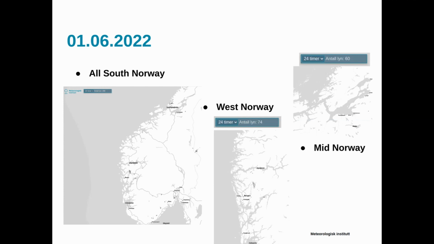So for this large area, I wouldn't say it's a very bad situation. And also for western and mid Norway, we can see in the middle and on the right, where we had 74 and 60 lightnings. So it was not grounds to send out the warning for west or mid Norway in this case.